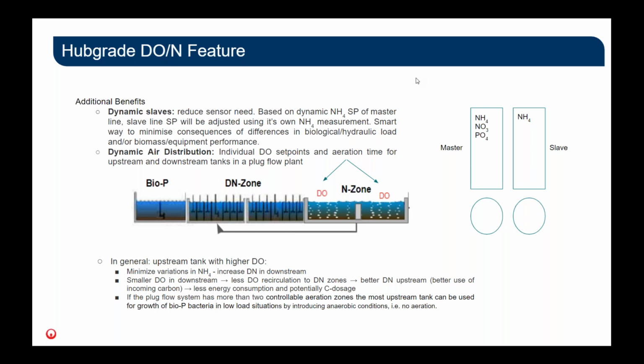That affords an opportunity to outfit one master train with all of the instrumentation you want, but then have just, say, one ammonia probe in parallel trains, and be able to use the information from the master train as inputs to the algorithm that's controlling the other train that has a minimum amount of instrumentation.